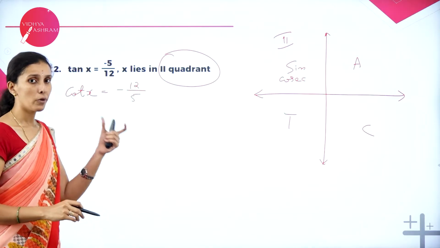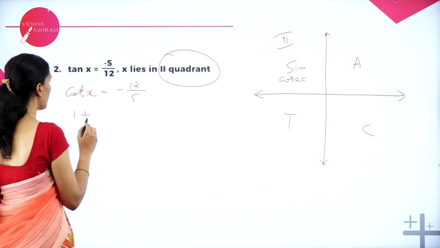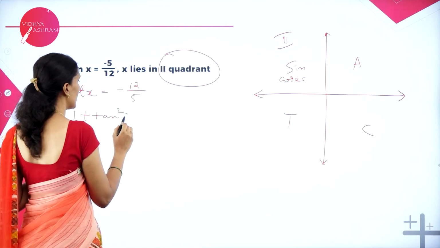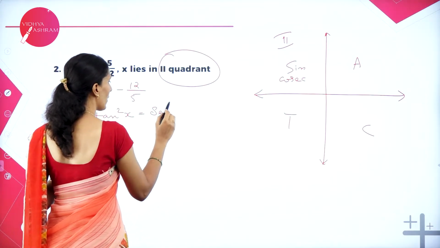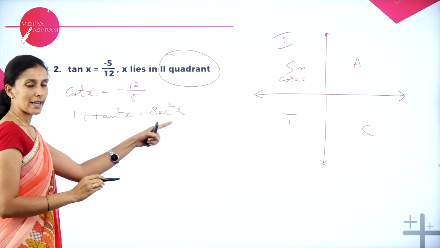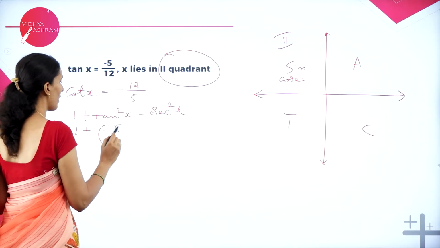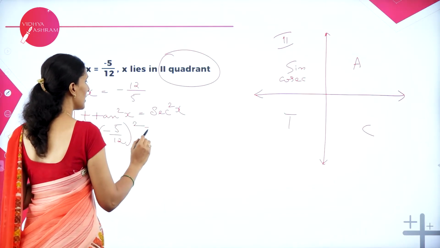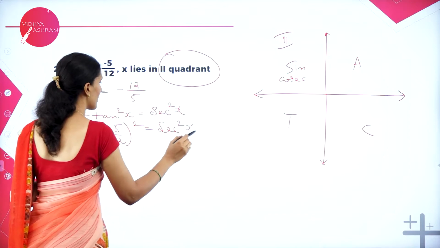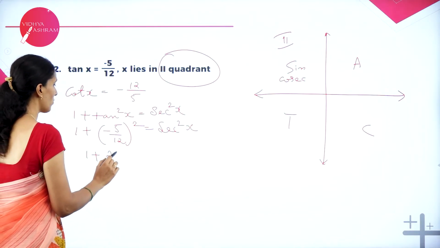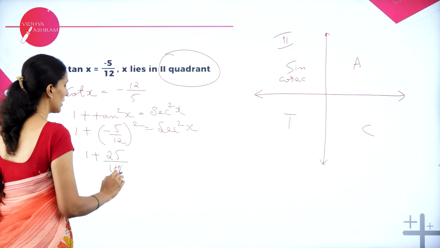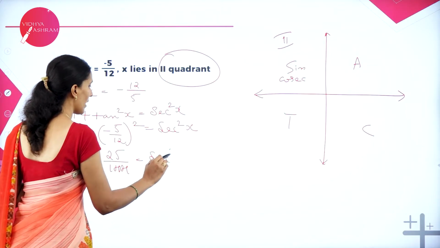Now we have one more identity, that is 1 plus tan square x is equal to secant square x. Using this identity, I can find secant x. So 1 plus minus 5/12 whole square is equal to secant square x. So which is 1 plus 25/144 is equal to secant square x.